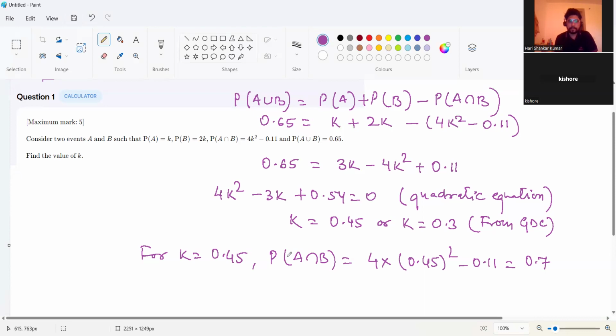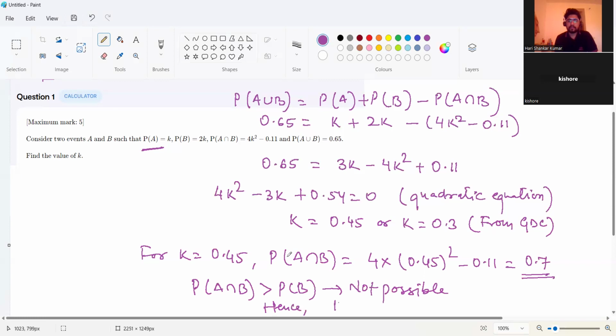Now if you see 0.7, that is 70%, which is greater than P(A), which is k. k is 0.45. It means that P(A intersection B) is greater than P(B), which is not possible. Hence, k equal to 0.3 is my answer.